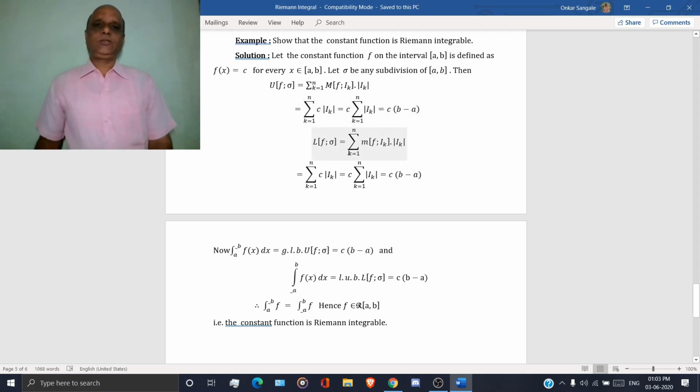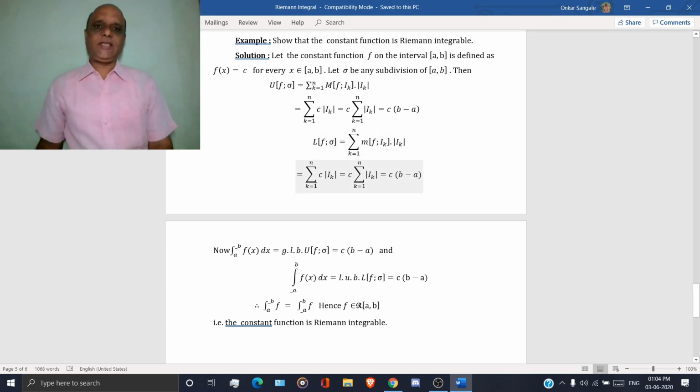Similarly, we will calculate the lower sum for f corresponding to subdivision sigma. By definition, it is the summation k equal to 1 to n of the minimum of the function f over the interval I_k times the length of I_k. These I_k are the component intervals of the closed bounded interval [a, b].